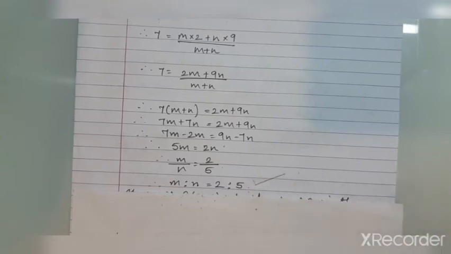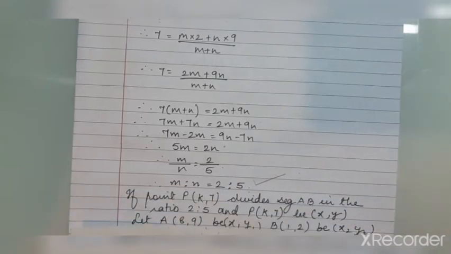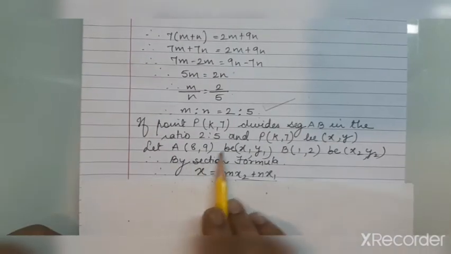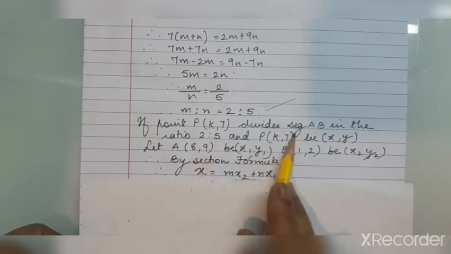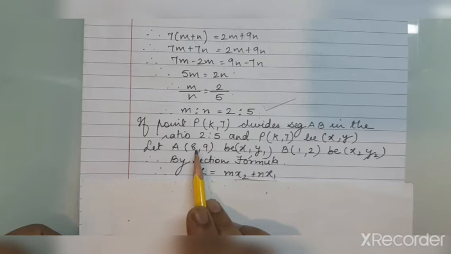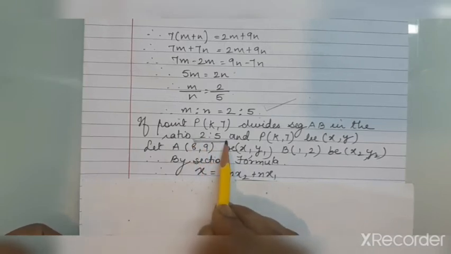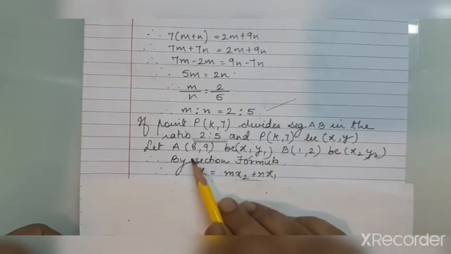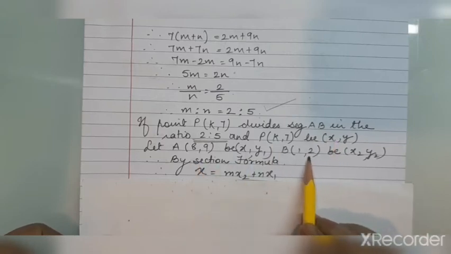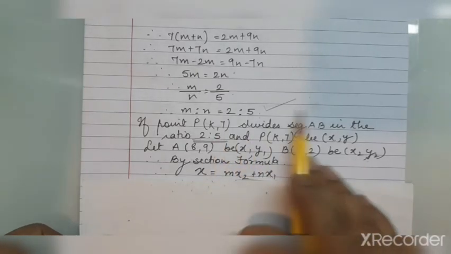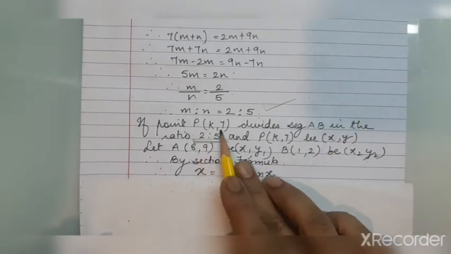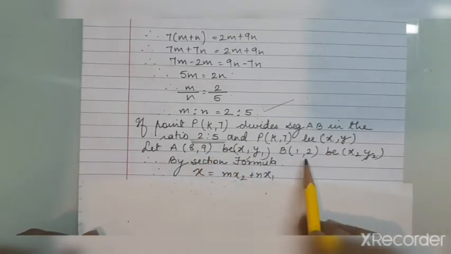So the first objective is done, that is to find the ratio. Now the second thing is to find what k is. k is the x coordinate of point P. Therefore here again we use the section formula. Here we take this point P as the point which divides AB in the ratio, which we now know, 2:5. So we take P as (x, y), A as (x1, y1), and B as (x2, y2).